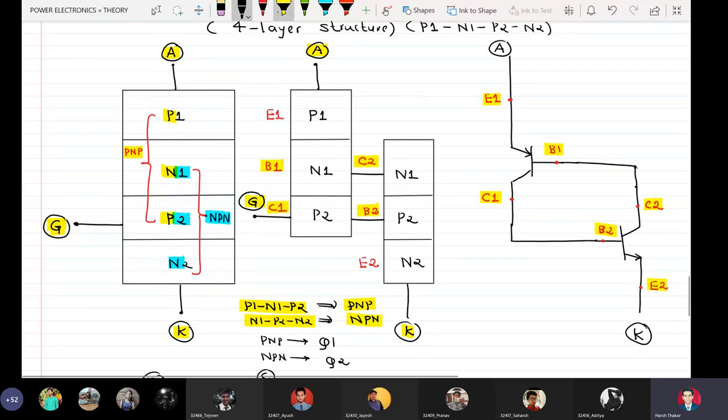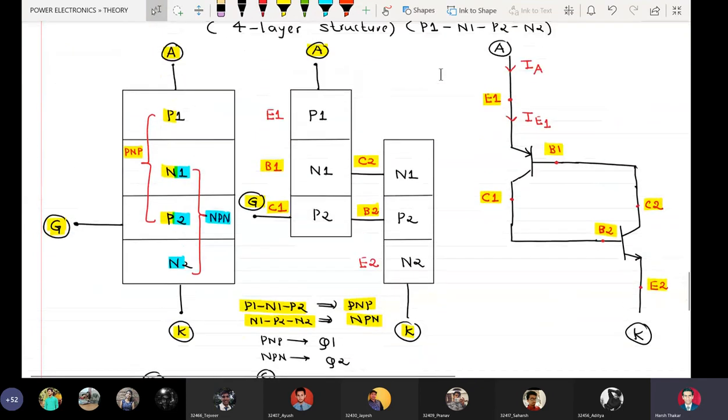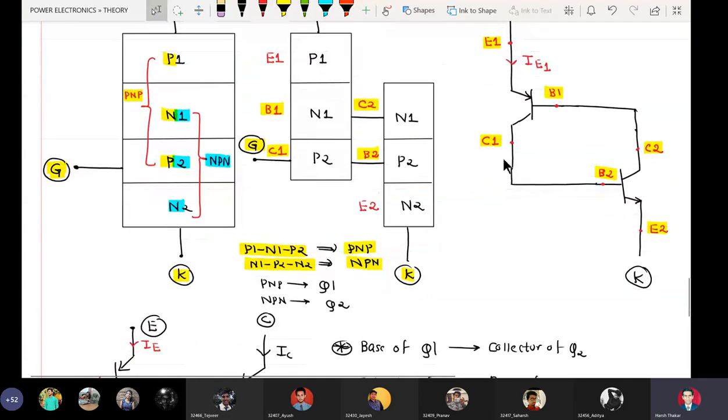Okay, now let us put all the currents. Now see, this is the current entering into the SCR, IA, but this also happens to be the emitter current of transistor Q1. And as I have told you, the current directions of PNP and NPN.